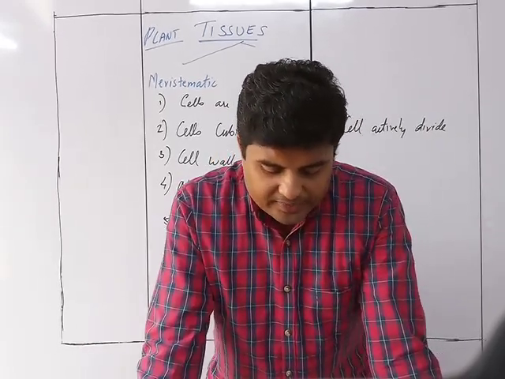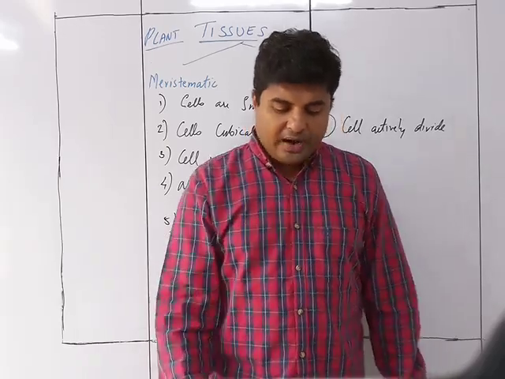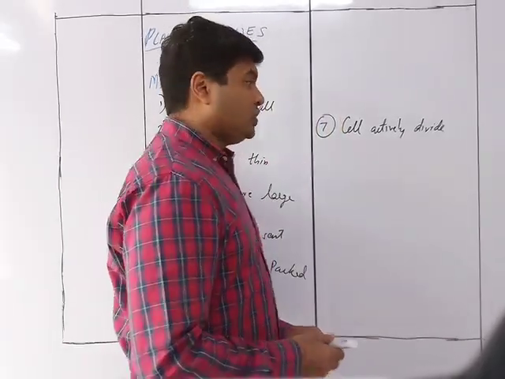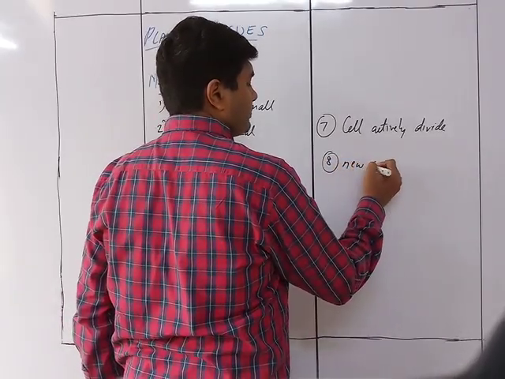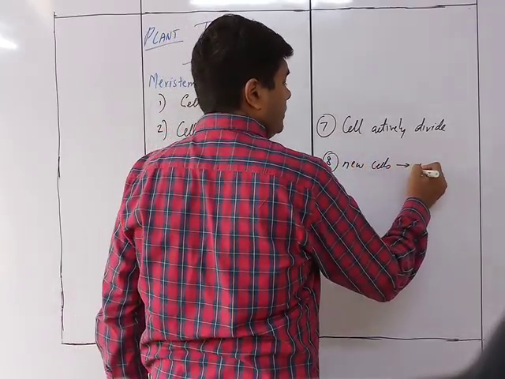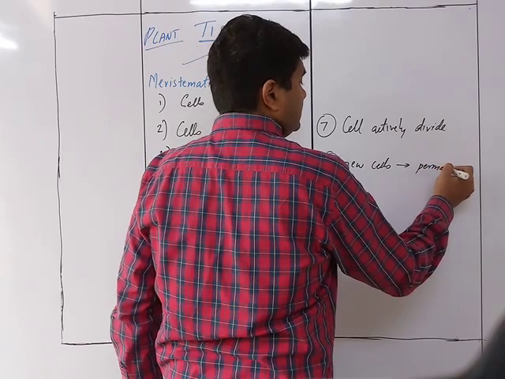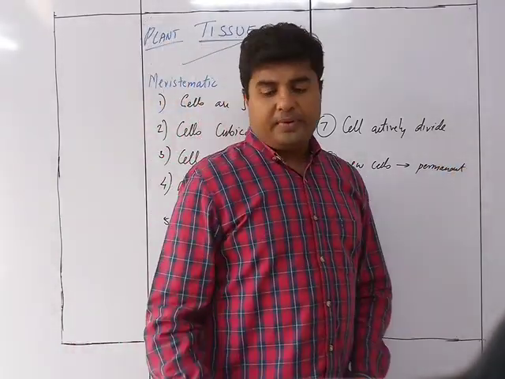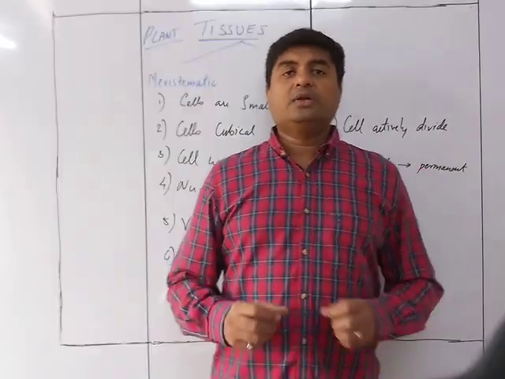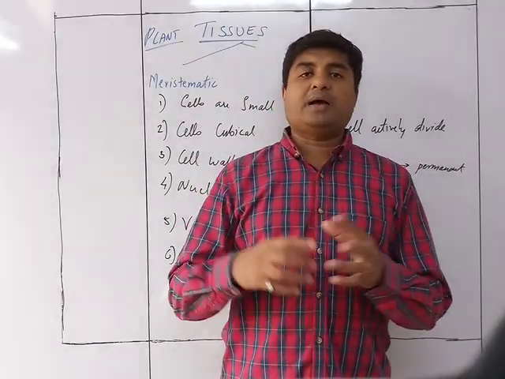Finally, the eighth one is new cells thus produced are transformed into mature permanent tissues. So new cells turn to permanent. Now this is very important: what will happen when the new cell is generated? The new cell is generated and slowly becomes a permanent tissue.